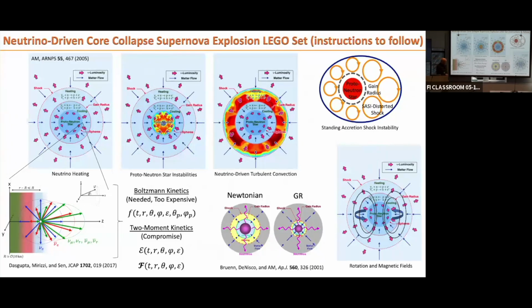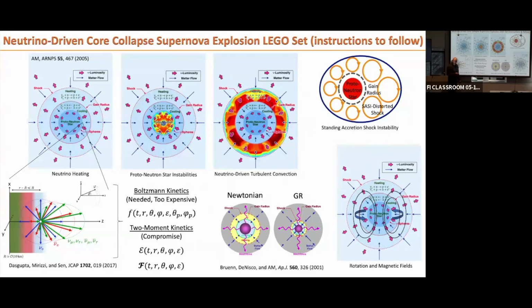So this is drawn to scale based on 2 spherically symmetric supernova simulations that we conducted, one in the Newtonian limit and one fully general relativistic. And here you have the stalled supernova shock wave, you have the gain radius, you have the protoneutron star, and then the size of the arrows indicates the magnitude of the infall velocity.